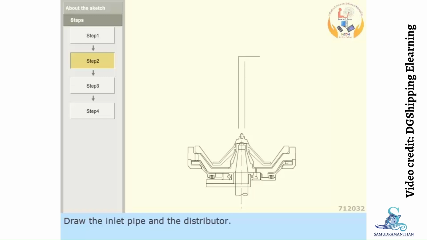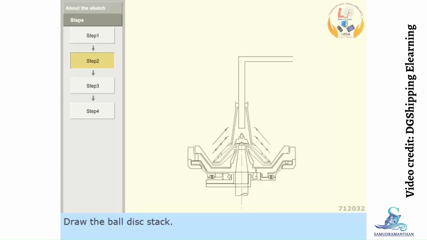Draw the inlet pipe and the distributor. Draw the ball disc stack. Draw the top disc.